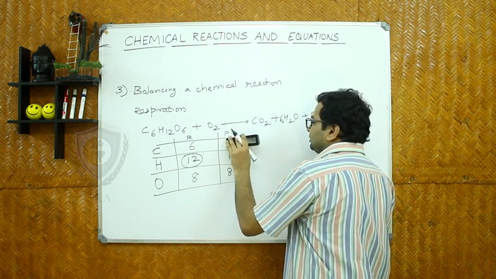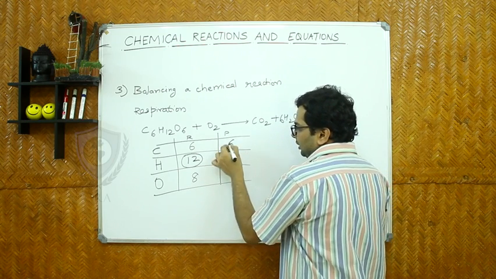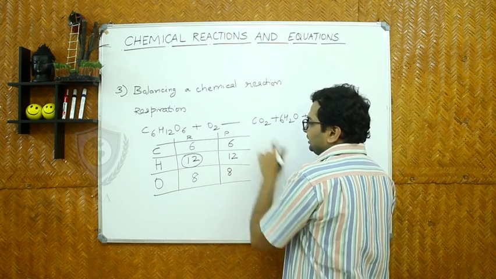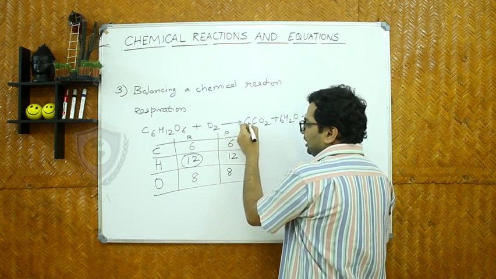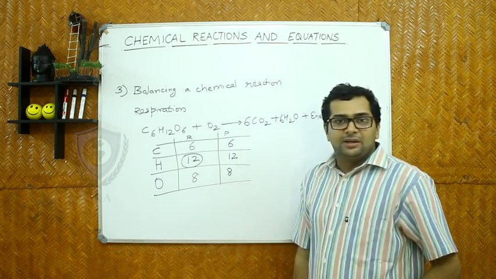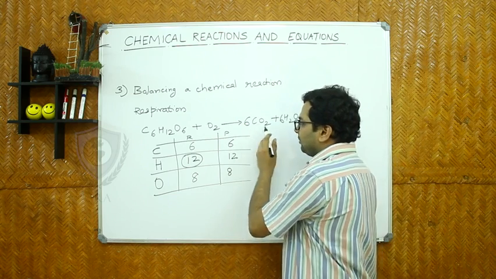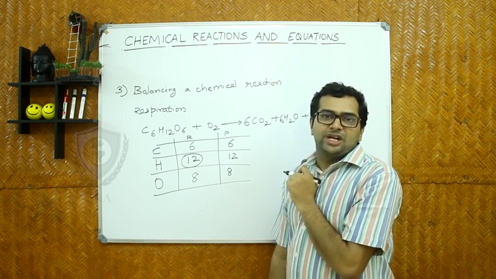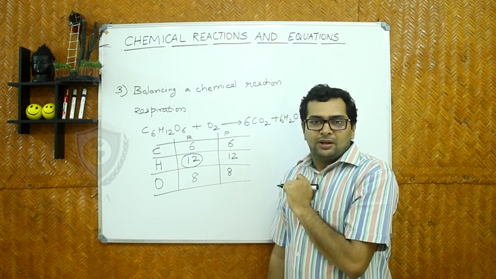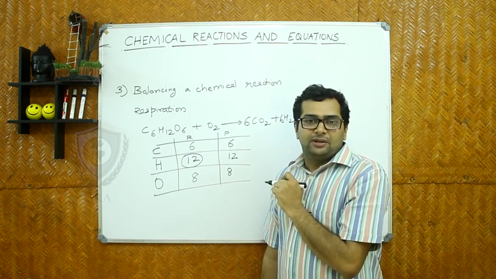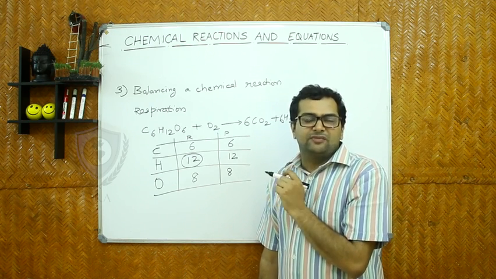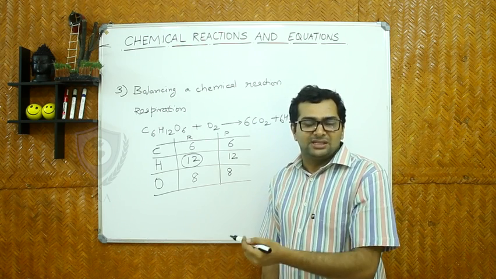So let's put a 6 here, and also let me make this arrow a little smaller and put a 6 here, right? So now we have 6 carbon, but something else has also changed, because it's not just carbon, it is carbon dioxide. So the oxygen is also getting multiplied by 6.